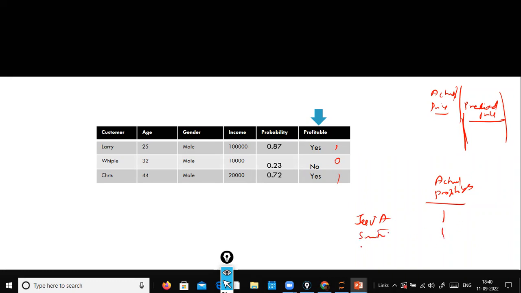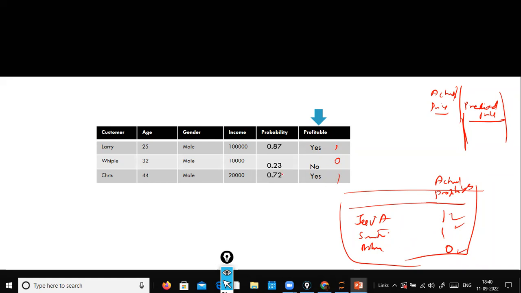And let's say I have someone else, Babu, who is a non-profitable customer. This is the actual thing, because based on their past transactions the bank has captured this information. They flagged them: this person is profitable because in the past they took a loan and repaid it on time, and this guy did not.